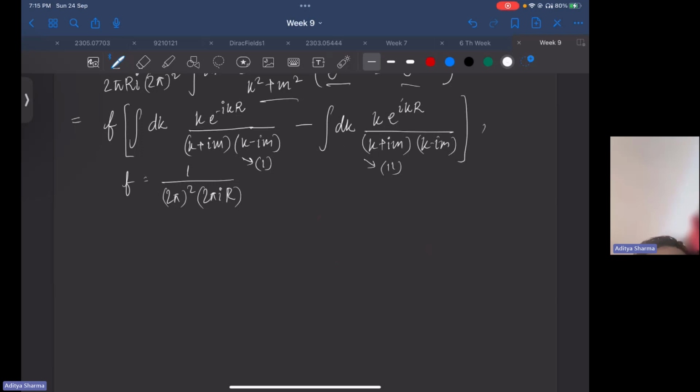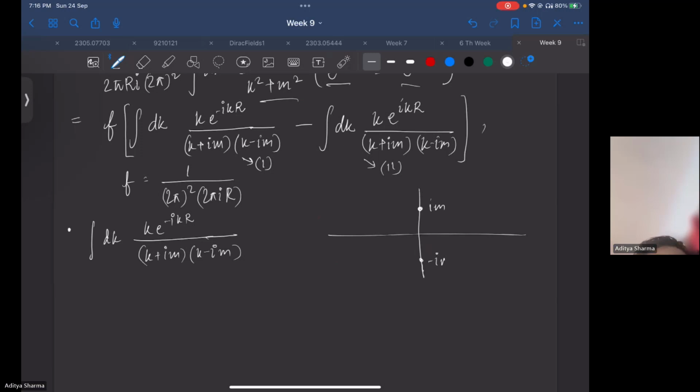Call this 1 and call this 2. So now we want to do contour integral.